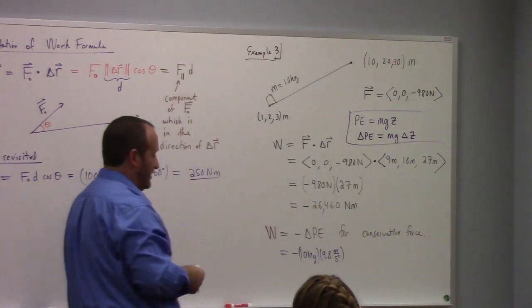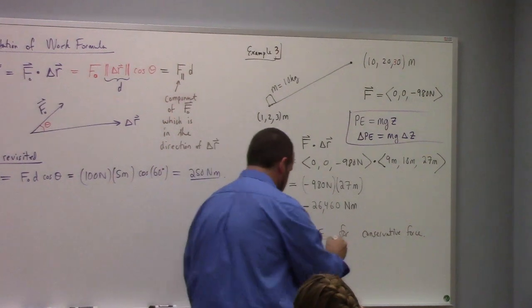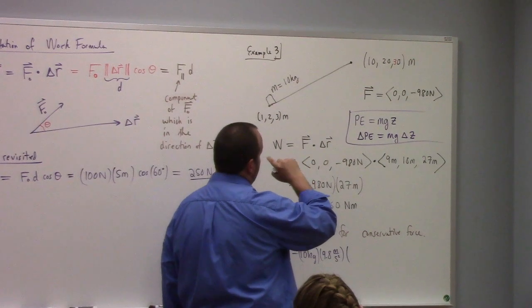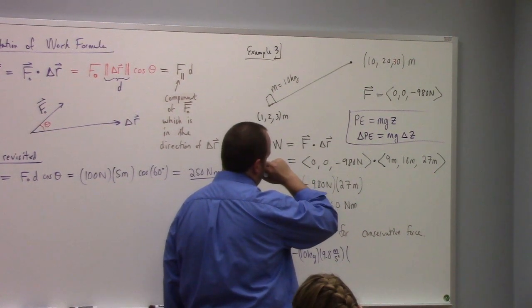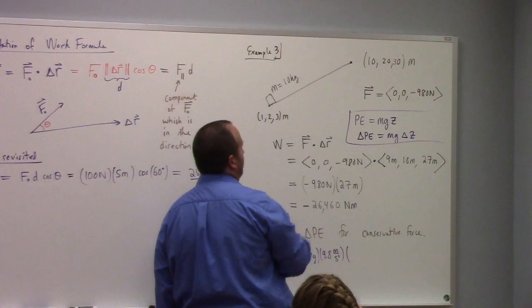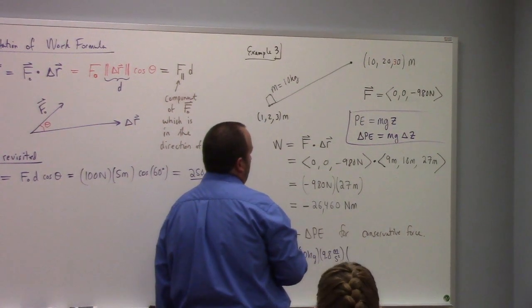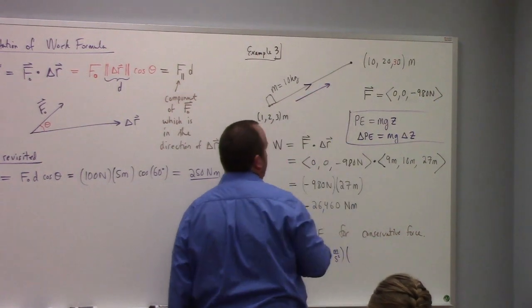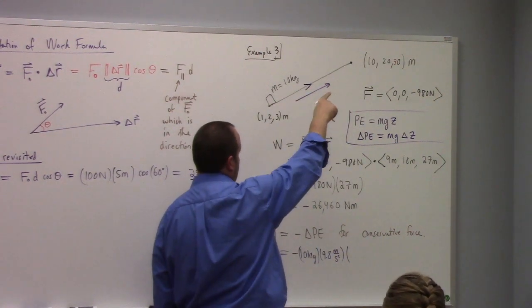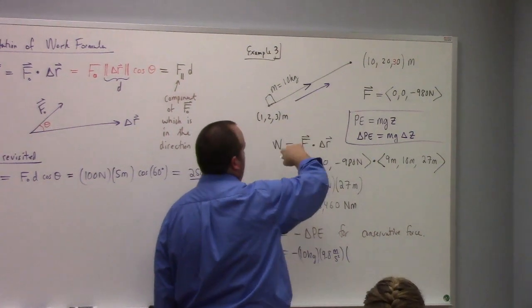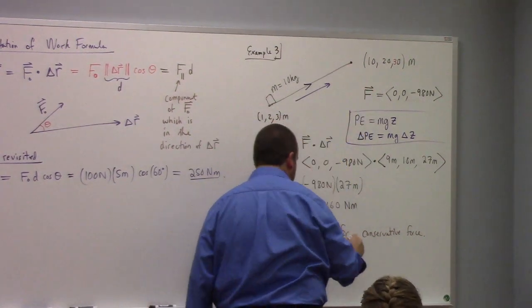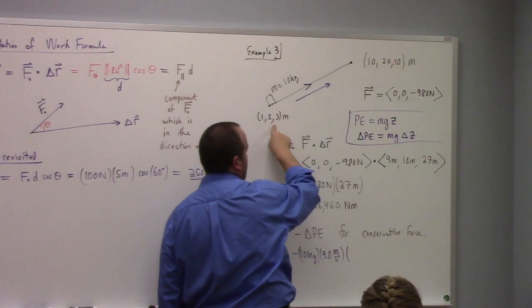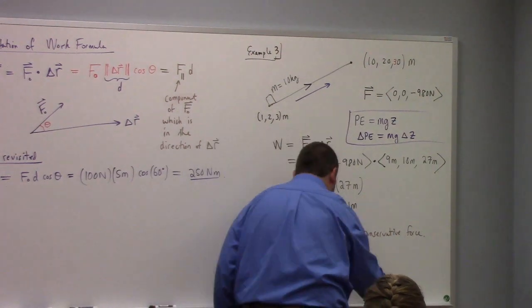So what's the change in z? The final is 30 and the initial is 3, so it's 30 minus 3. That's the change in z. So the change in z here is 27.